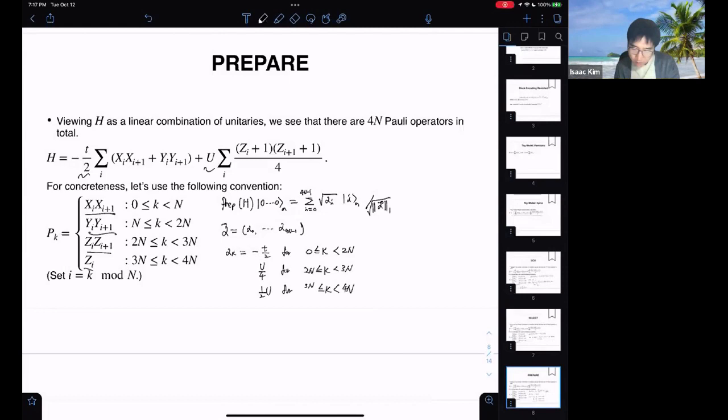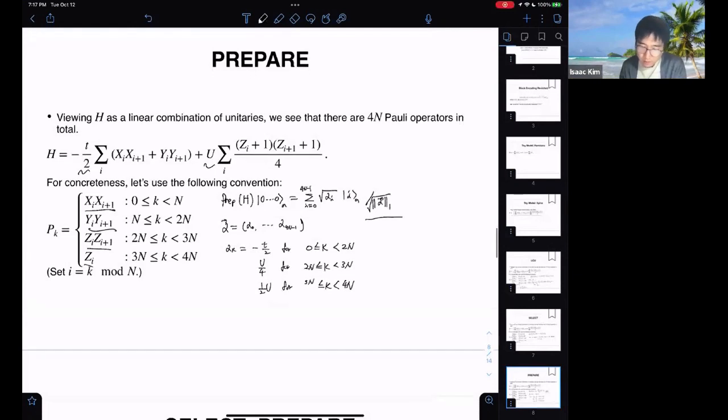Okay, and you divide by this thing because prep of h should be a unitary operator, so this state on the right hand side must be normalized. Okay, so that's prepare of h.